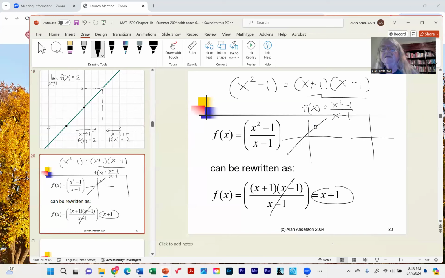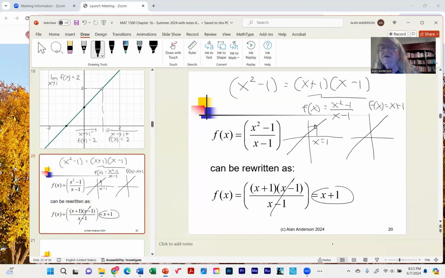And then this would be f of x equals x plus 1. So basically, what this result is telling us is that the two functions are identical to each other except when x equals 1.